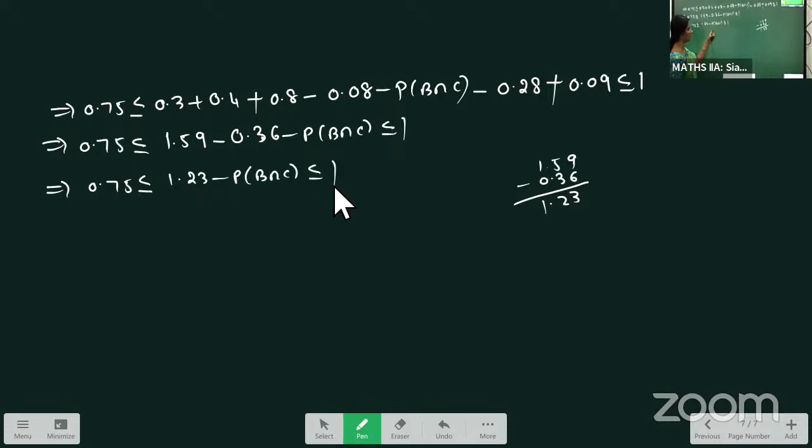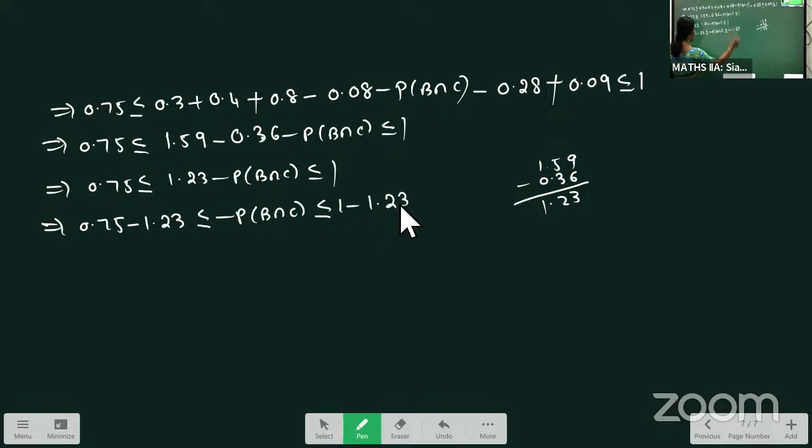We want only P of B intersection C. So subtract 1.23 from both sides. So this becomes 0.75 minus 1.23 less than or equal to minus P of B intersection C less than or equal to 1 minus 1.23.